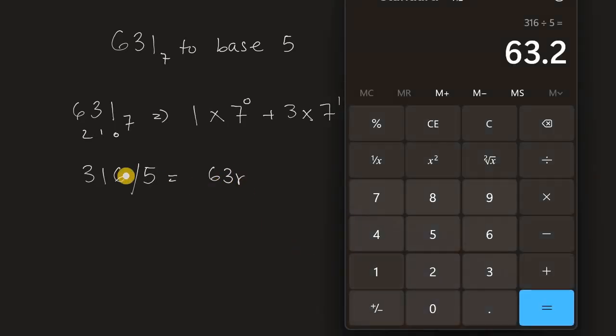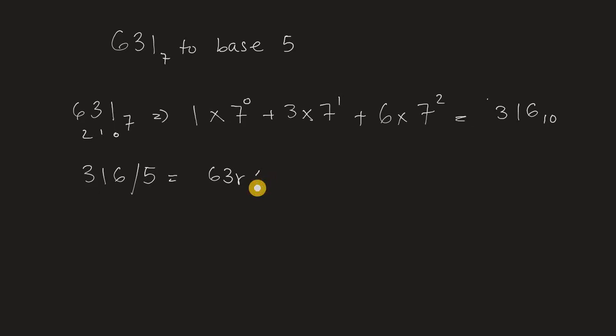Now if we multiply 5 times 63, this is going to give us 315, but our original number was 316, so that means the remainder is 1. Okay, so we have remainder 1. Now we're going to take this number that we get after division, 63, and divide it again by 5.